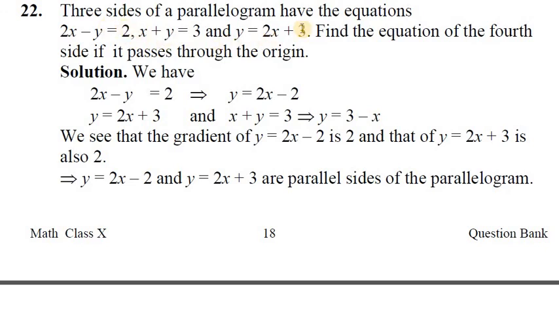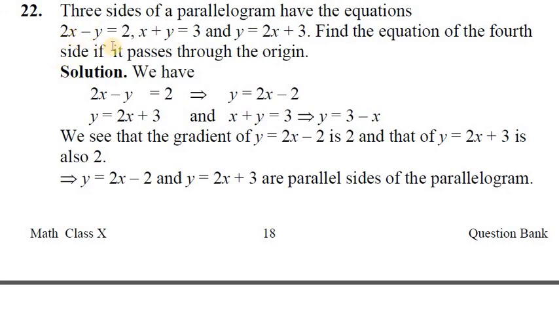These three equations are here, and we can find the slopes of these lines using the y equals mx plus c form. From this equation you can have y equal to 3 minus x. We see the gradient of this line is 2, and that of this one is also 2. This line and this line, these two lines are parallel: 2x minus 2 is equal to y, and y is equal to 2x plus 3.